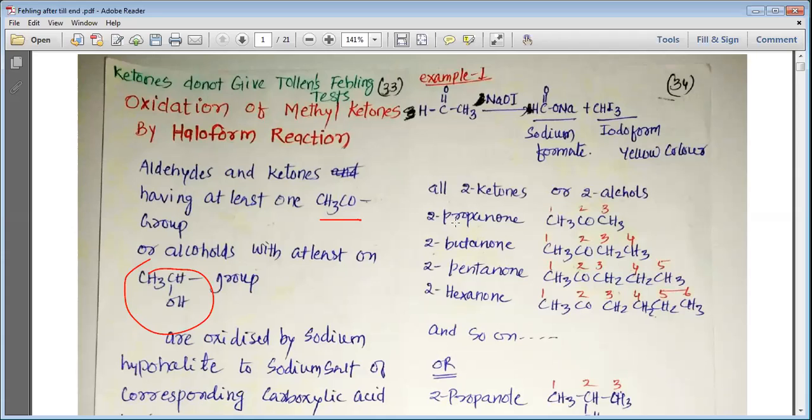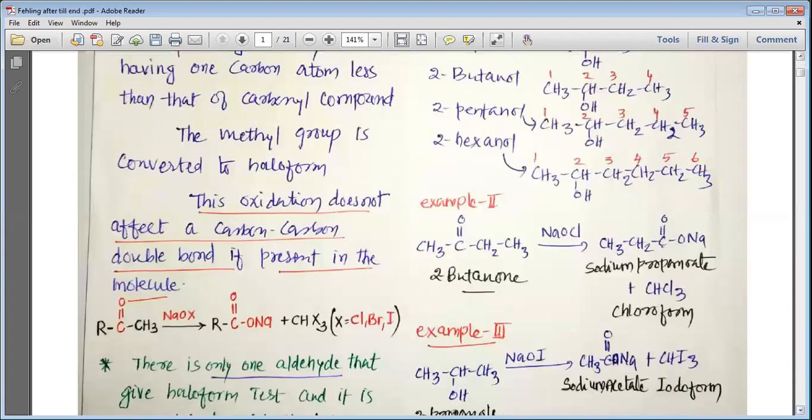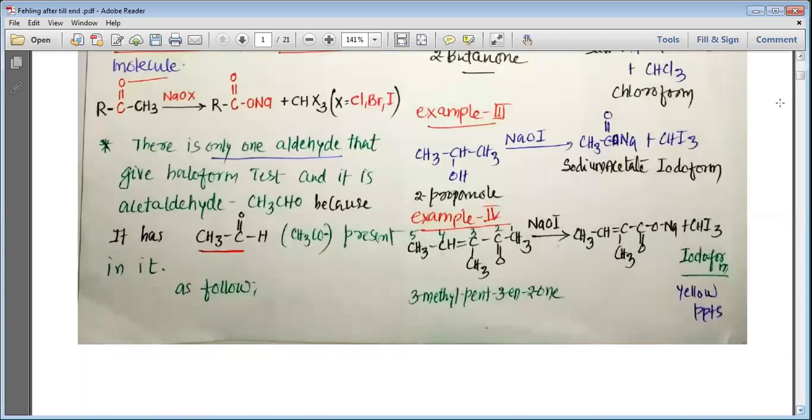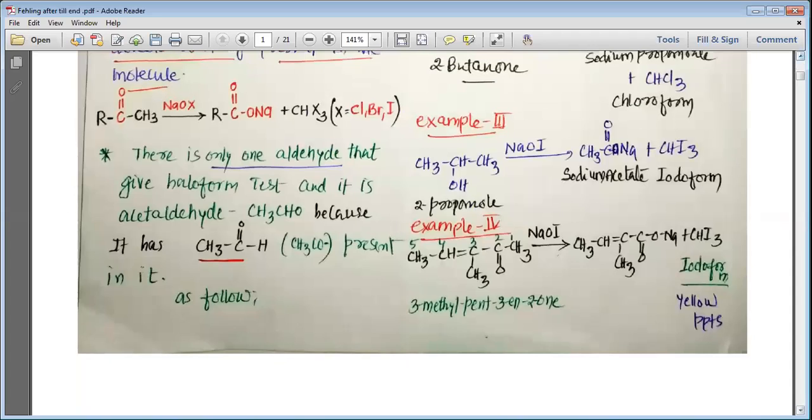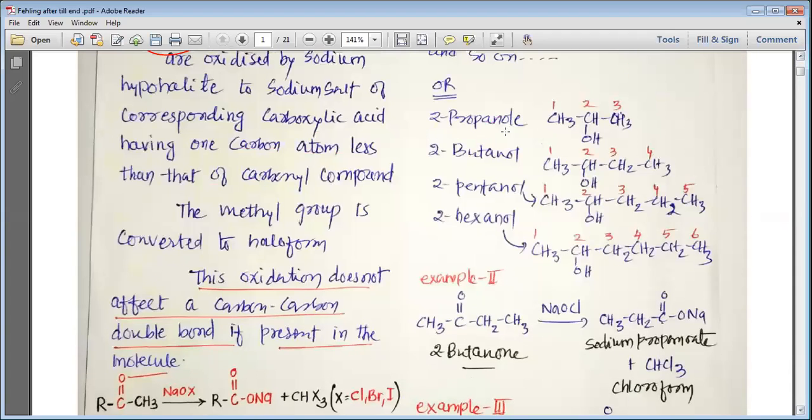So those ketones, like 2-propanol, 2-butanol, 2-pentanol, 2-hexanol, or the alcohols which are 2-alcohols, they all can go for this haloform test.